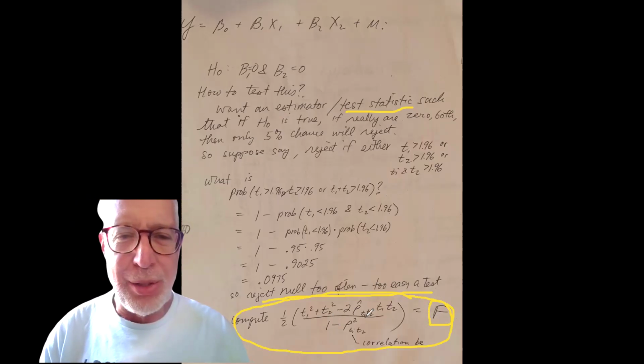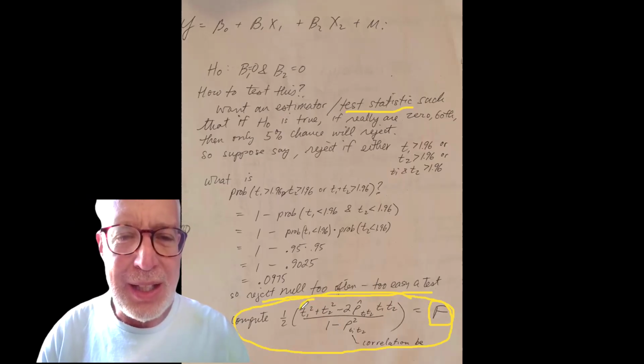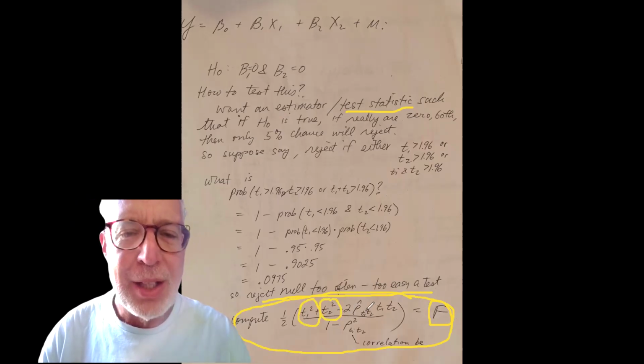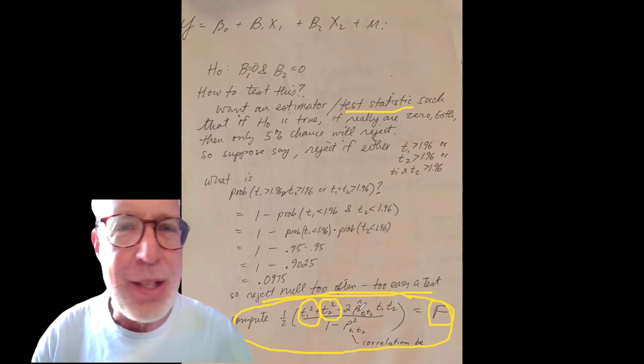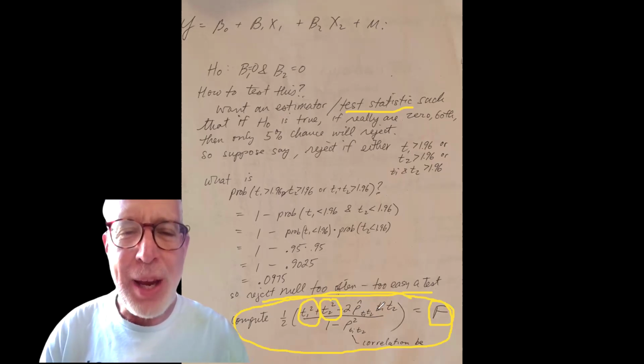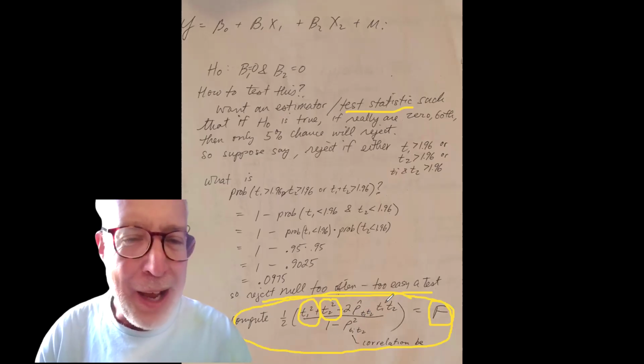If there's just x1 and x2, we can calculate the t-statistic for coefficient 1 and square it, the t-statistic for coefficient 2 and square it, and then subtract 2 times the correlation between these t-statistics. You don't need to memorize this complicated formula.